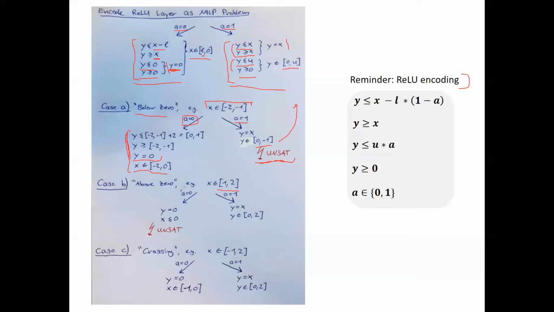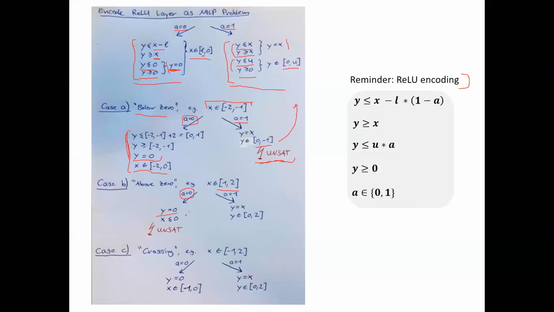Again, if you do the instantiation here, let's say we take a equal to 0, so we generate that linear programming instance. Then we know that y is 0, which we already derived early on. And we know that x should be between L and 0, where L is 1 here.